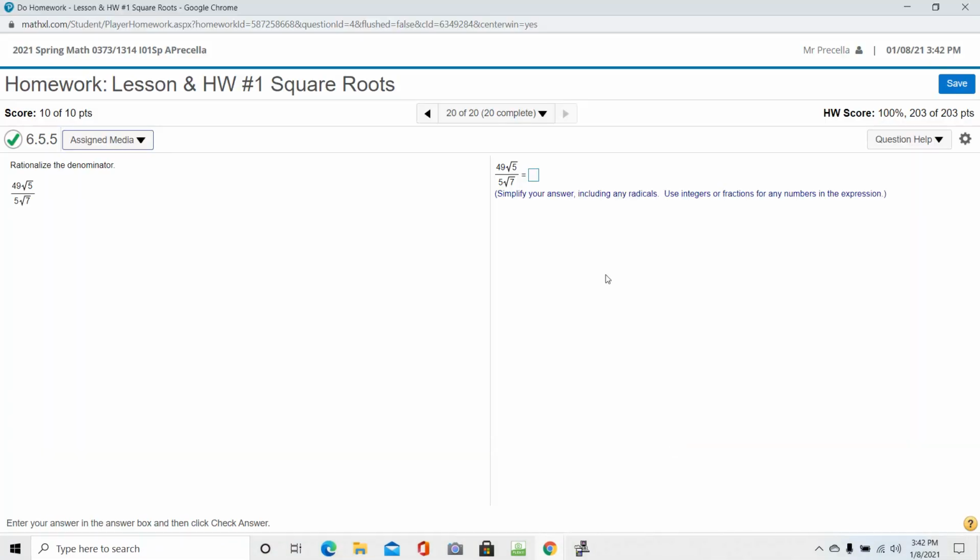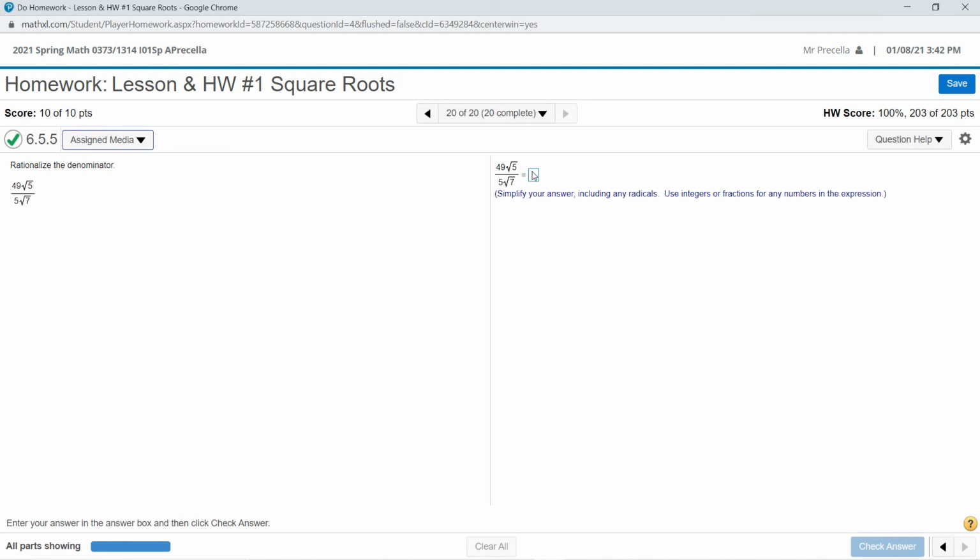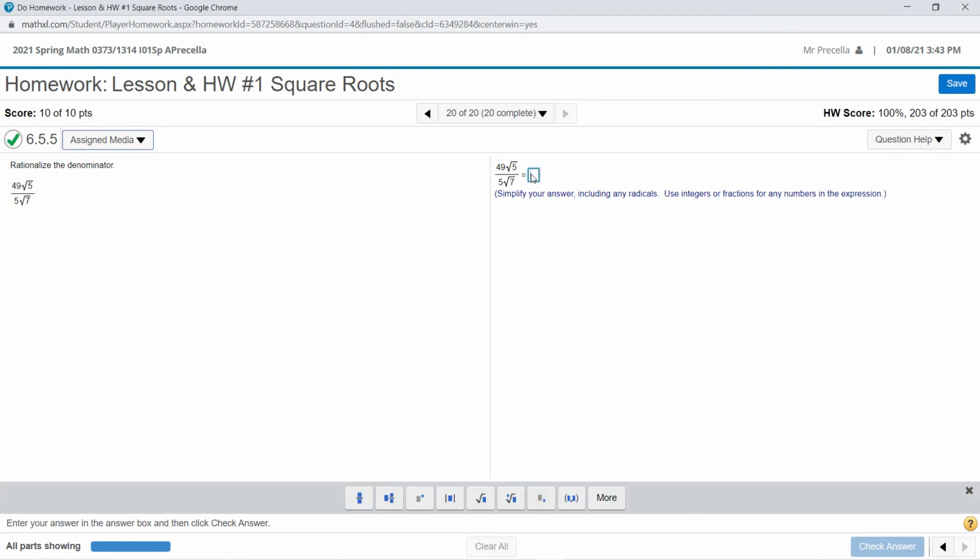Okay. And what am I going to type in here? I click here. I click fraction. I type a 7 and a square root of 35 on top. I put a 5 on the bottom.